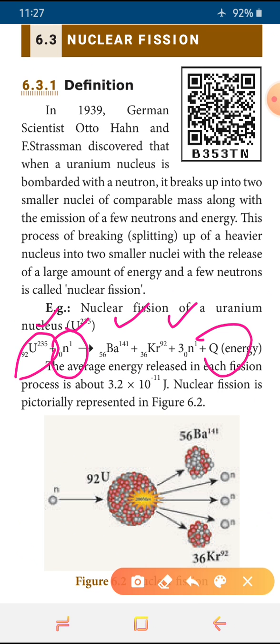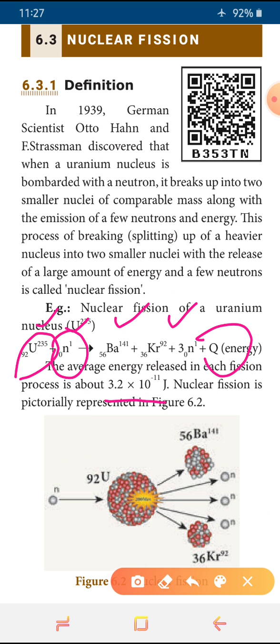In each fission, it releases energy of about 3.2 × 10⁻¹¹ joule.